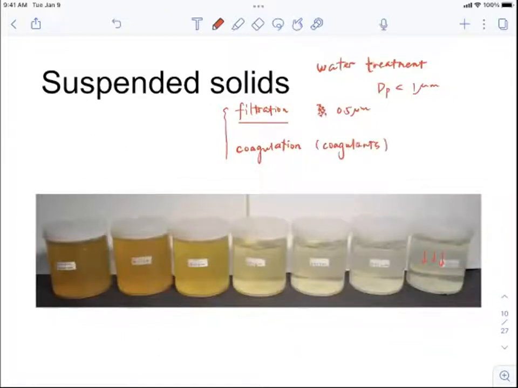These are just some salts that contain cations with a high charge number, for example, aluminum ion or ferric ion. So basically, you can put in aluminum sulfate or ferric sulfate.